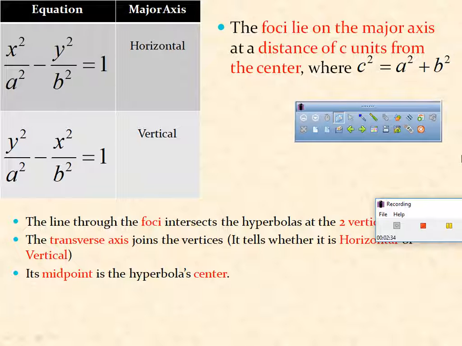But here's the main difference. In an ellipse, it's x squared plus y squared. If you notice, with a hyperbola, it's not that both of them are positive, but one of them is negative. You see that? So you've got x squared minus y squared, or y squared minus x squared. You're probably thinking, well, why are there two different ones? Well, it's all based on whether your hyperbola is horizontal or vertical.